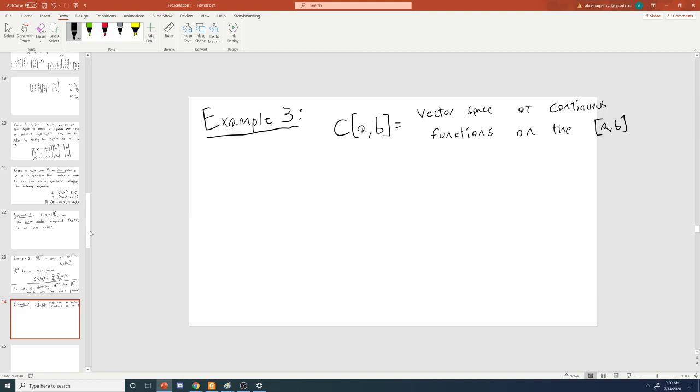We can actually give this vector space, which, as we've talked about before, is infinite dimensional, an inner product structure. So C[a,b] has an inner product.